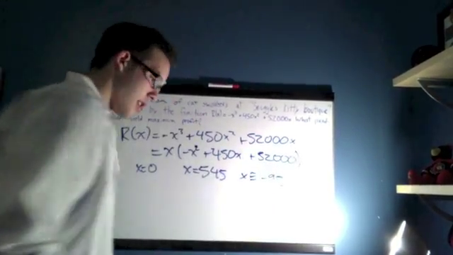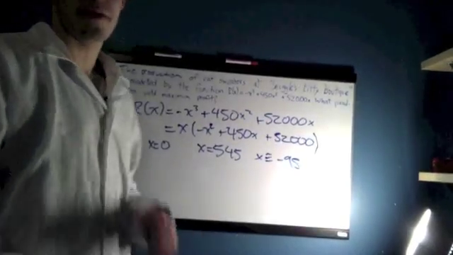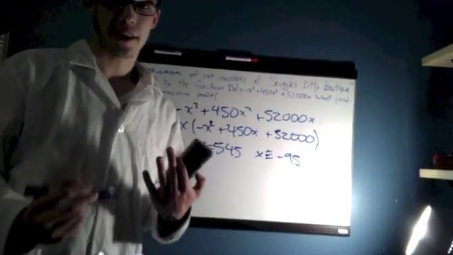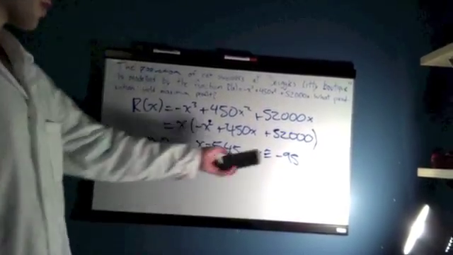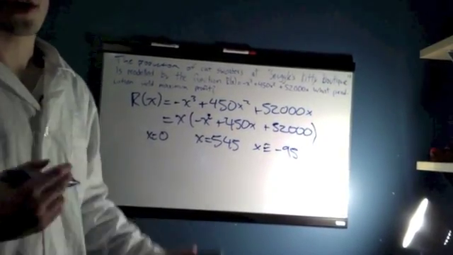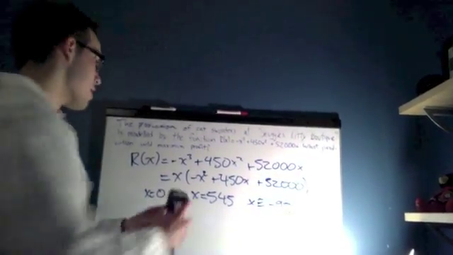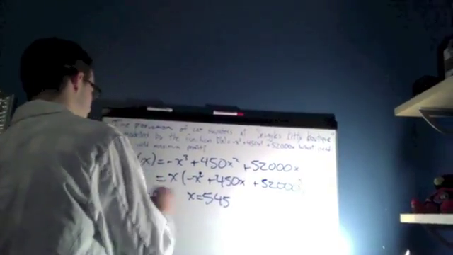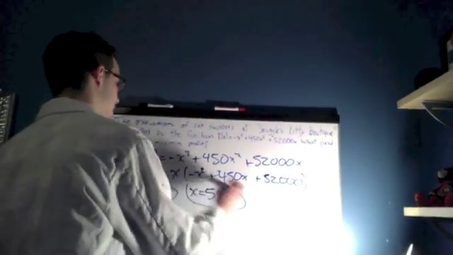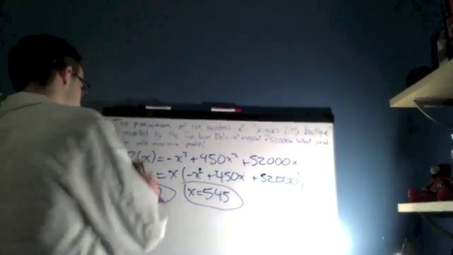We can neglect this negative 95 because we can't sell negative cat sweaters. We're never going to need to use this negative 95 because at no point will we need to sell less than 0 cat sweaters. So what we're left with is a domain between 0 and 545, which makes sense based on the question.